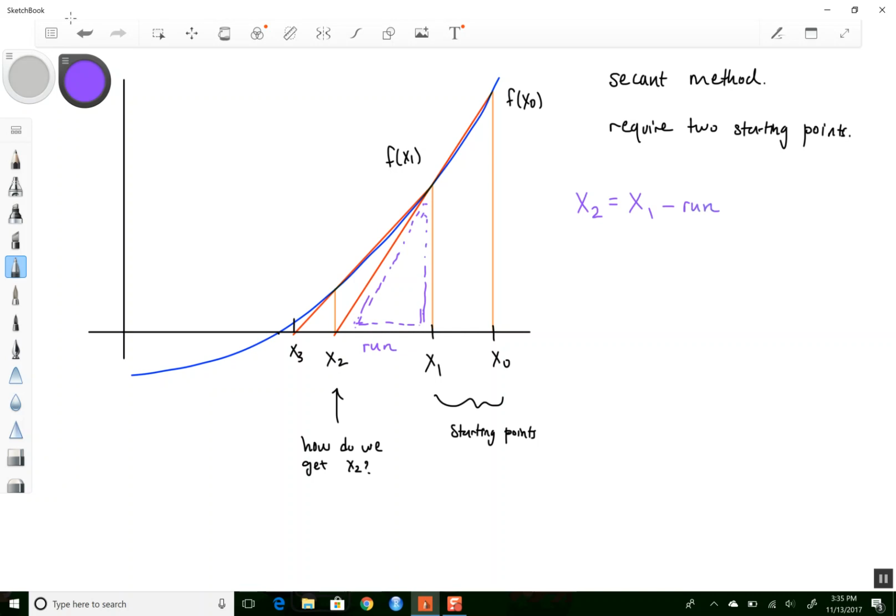Is that okay? All right, so what do we have? The run, if this is the rise, is going to be equal to x1 minus the rise divided by the slope, right?